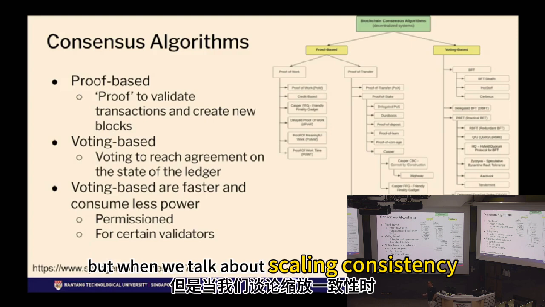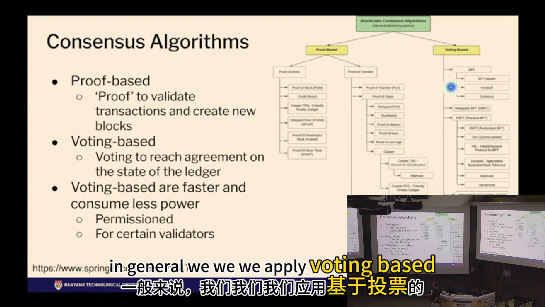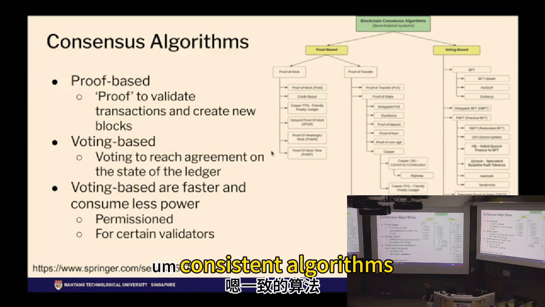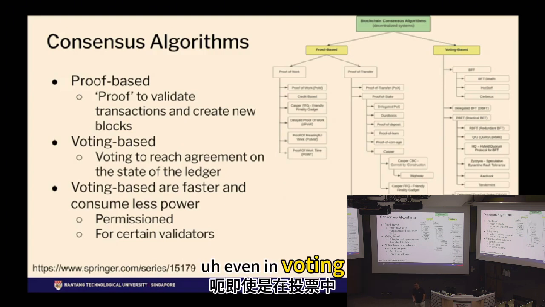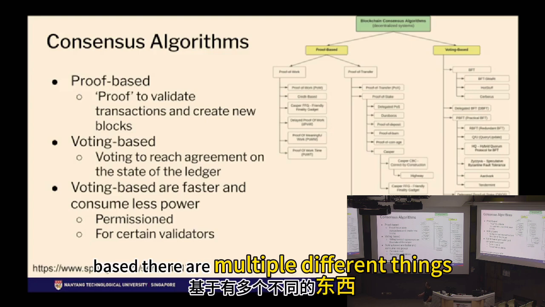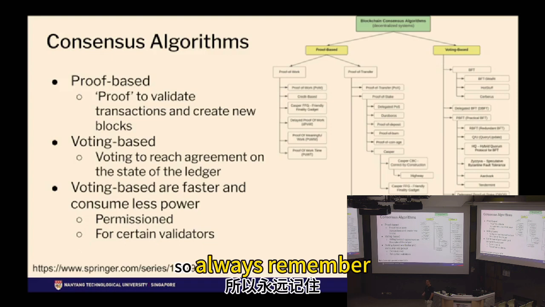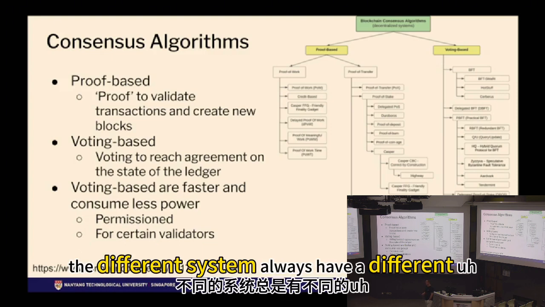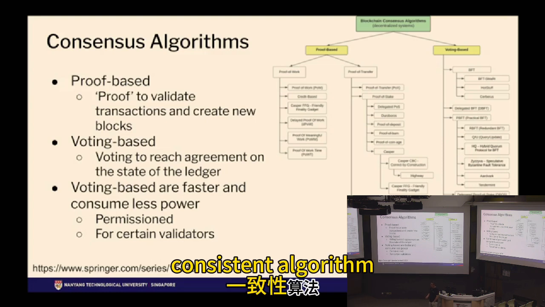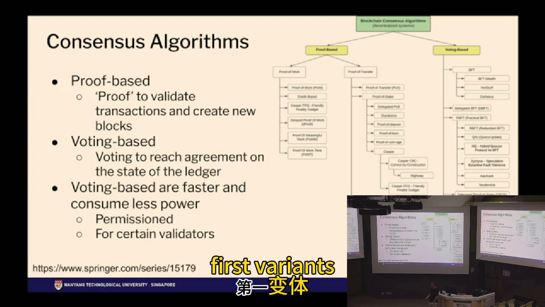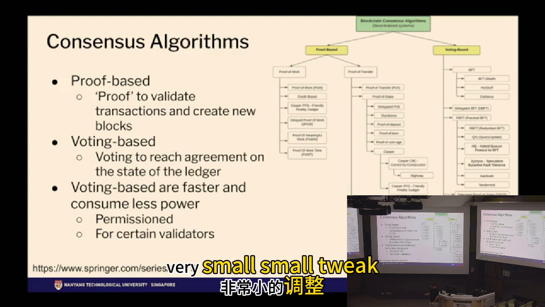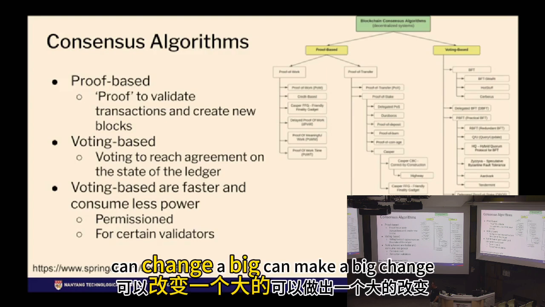When we talk about scaling consensus, in general we apply voting-based consensus algorithms. Even within voting-based, there are multiple different kinds that resolve different issues for different systems. So always remember, different systems always have different consensus algorithms. There's variance, and a very small tweak can make a big change.